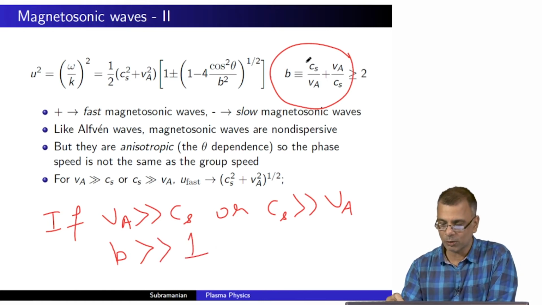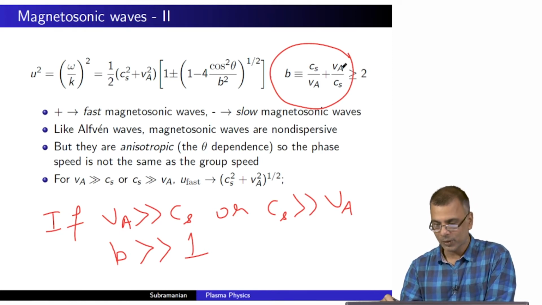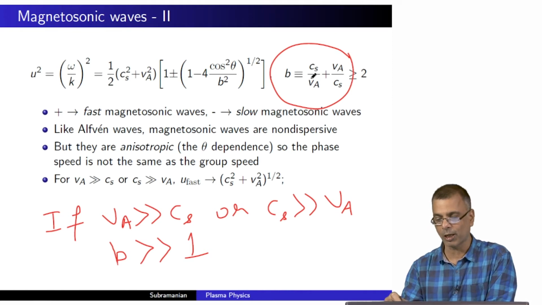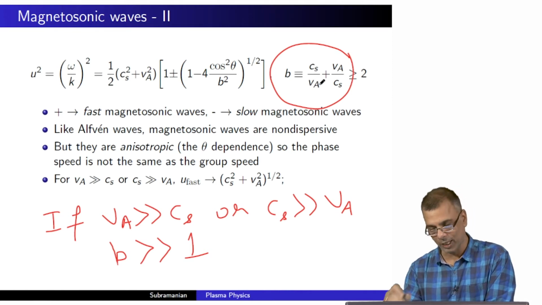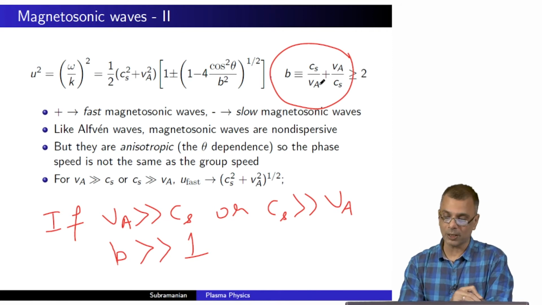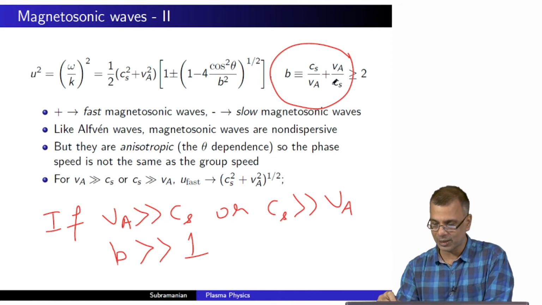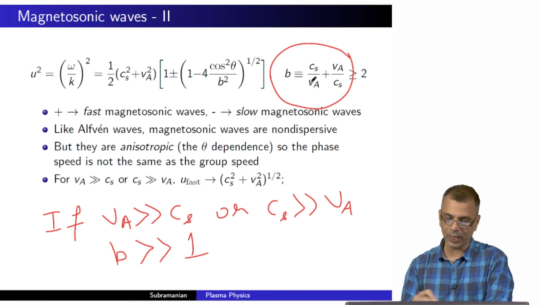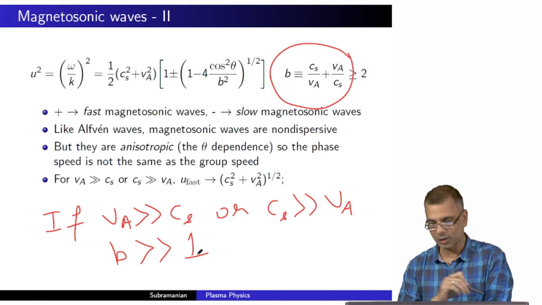For instance, if CS was much larger than VA, then this term is much larger than 1, and this is simply the reciprocal of this term, so this would be negligible. Nonetheless, B is much larger than 1 if CS greatly exceeds VA. If the opposite is true, if VA greatly exceeds CS, then this term is much larger than 1 and this is negligible. Either way, B is much larger than 1.